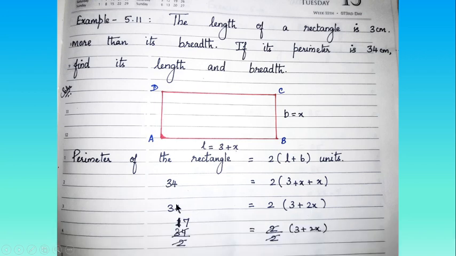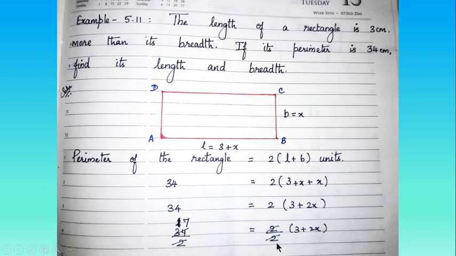So what happens in the right hand side, since we have to find the value of x, we have to eliminate 2 so that we can simplify. So to eliminate 2 in the right hand side, we have to divide it, because it is in terms of multiplication. That's where we are dividing it.